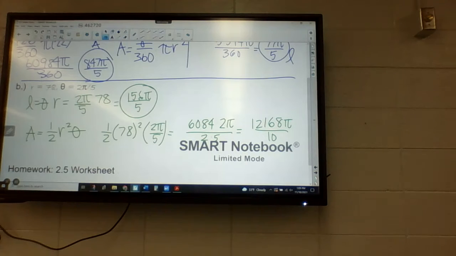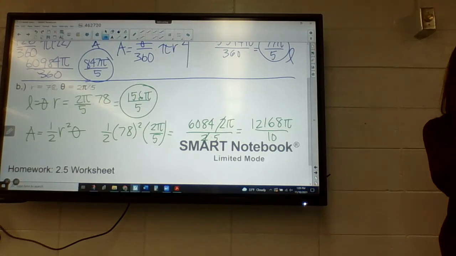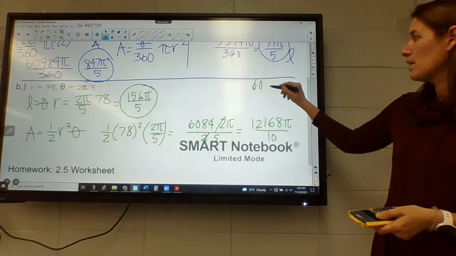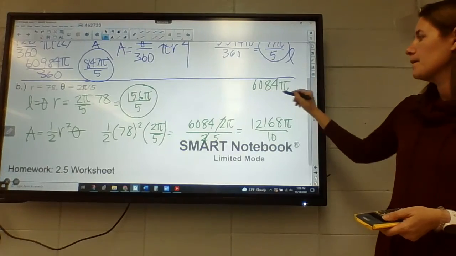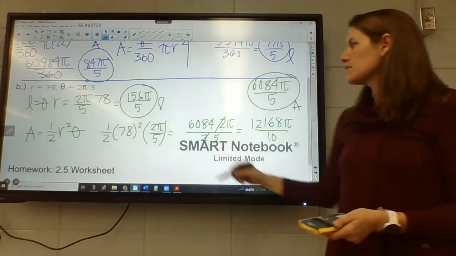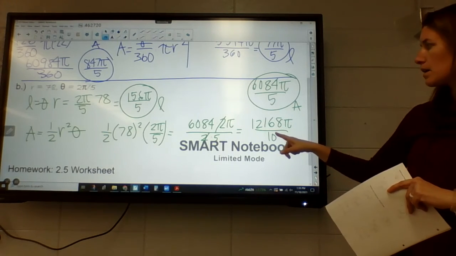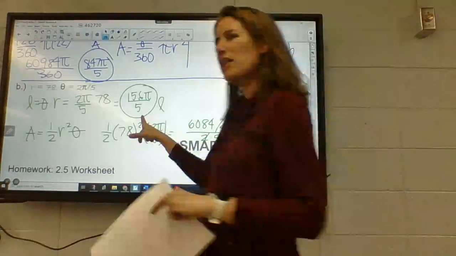Now again, this one can simplify, just not a super nice number here. Good catch. So that's area. This is arc length. All right, questions? What's that? 78 squared is where I got that from.